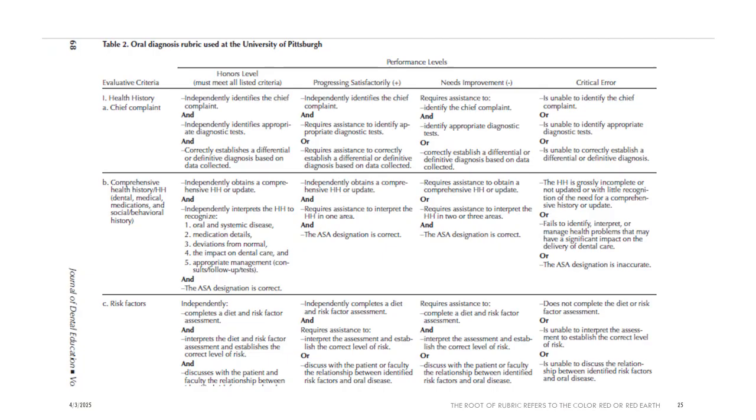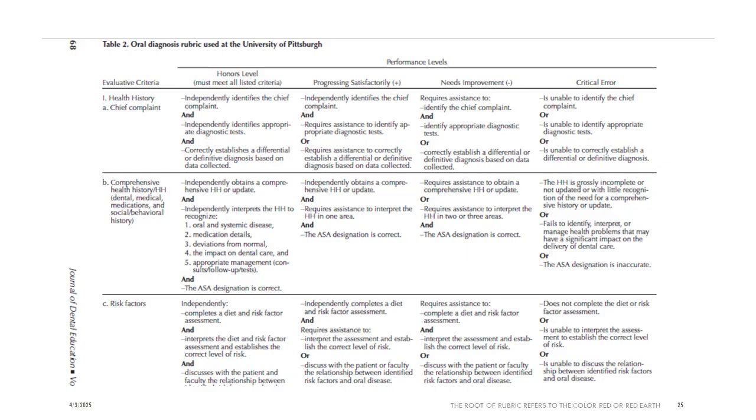And here we have the oral diagnosis rubric used at the University of Pittsburgh, and the evaluation criteria. Here we have the evaluation criteria on the left side column, and here we have the performance levels. We have 4 performance levels.